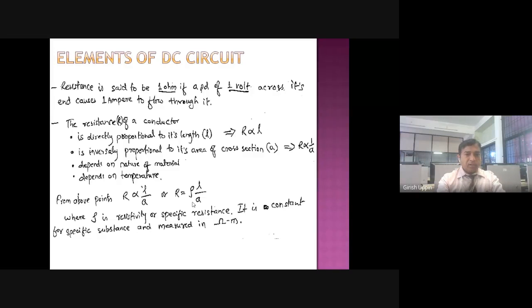So specific resistance is constant, and the unit is ohm meter. If you rewrite this, rho is equal to R into A divided by L. R is ohm, A is m square, divided by m, so it becomes ohm meter. The unit of the specific resistance or resistivity is the ohm meter.